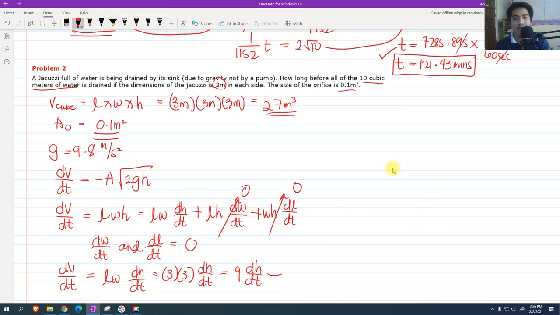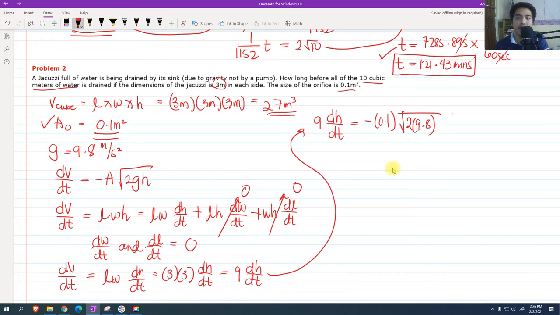Now that we have the dV over dt, we are ready to substitute it. 9 dh over dt equals the negative of the area of the orifice from our formula. That's 0.1 multiplied by the square root of twice the 9.8 acceleration due to gravity, and of course the height.